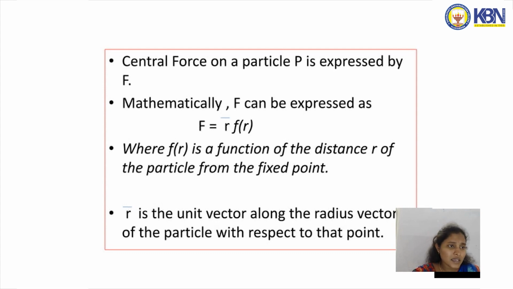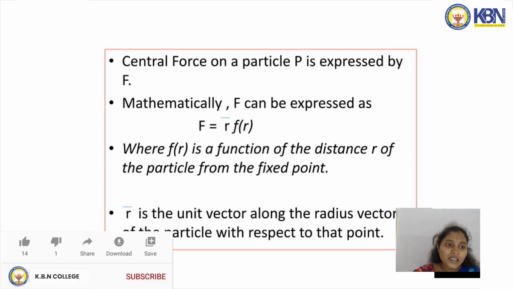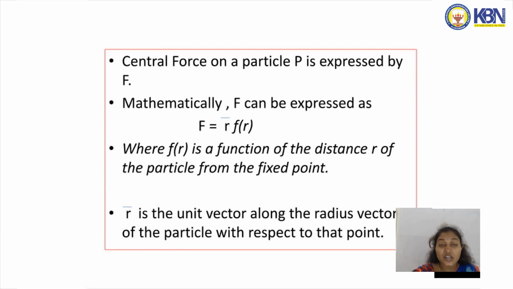So the central force on the particle is F equals r hat f(r), where f(r) is a function of distance. That means r is the distance of the particle from a fixed point.